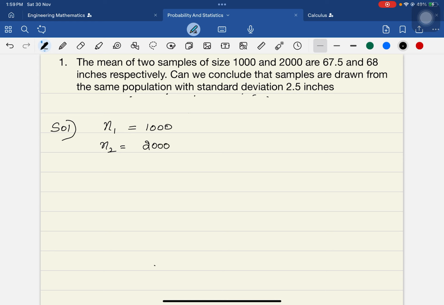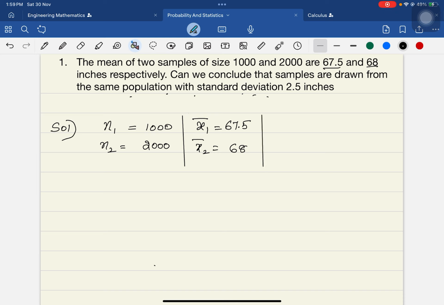And what else has he given you? He has given you the means. The sample mean x1 bar is given as 67.5, and the other sample mean x2 bar is given as 68. So this is also given to us.